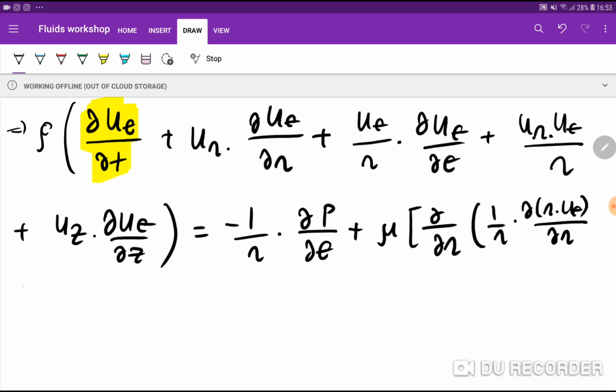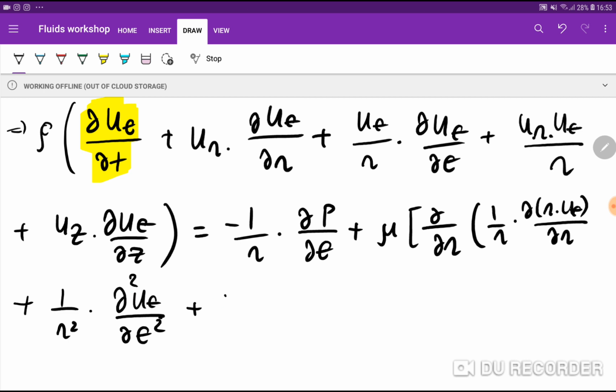And then you can add 1 over r squared times the second partial of u theta over partial theta, squared, which indicates it is the second partial derivative.